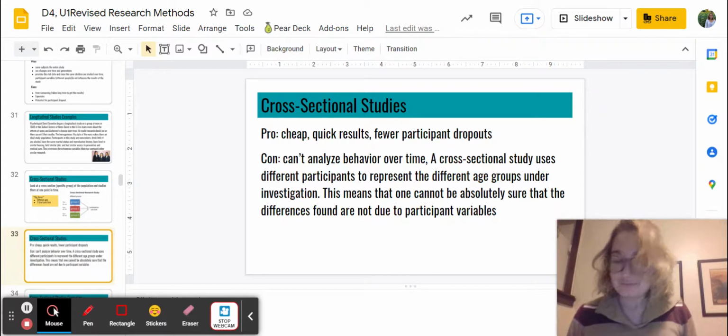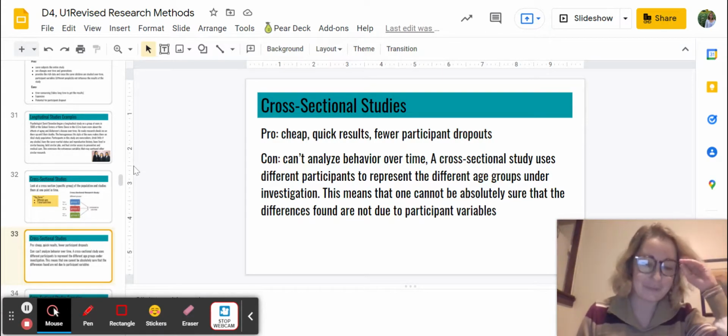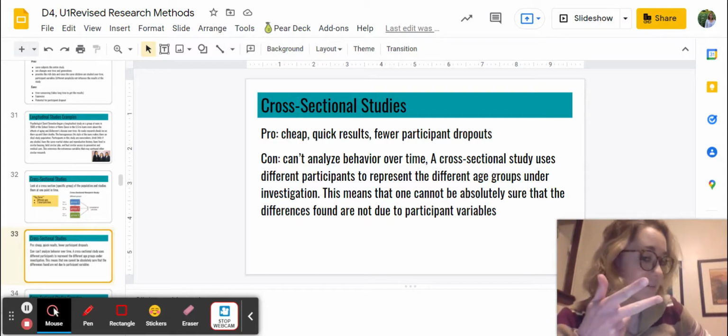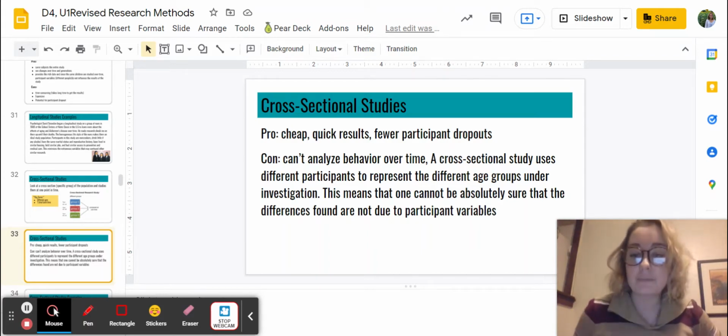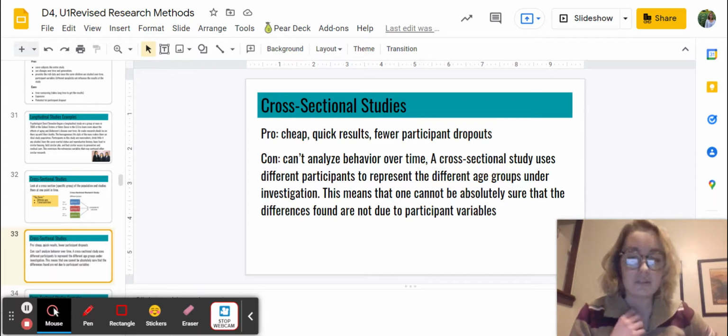So, back to cross-sectional studies. We said the pro is that they're cheap, they're quicker, there's less participant dropout because they can't drop out. It's all happening at one point in time. Right, so addressing all the weaknesses of the longitudinal study. But the issue, obviously, is that it's not longitudinal.